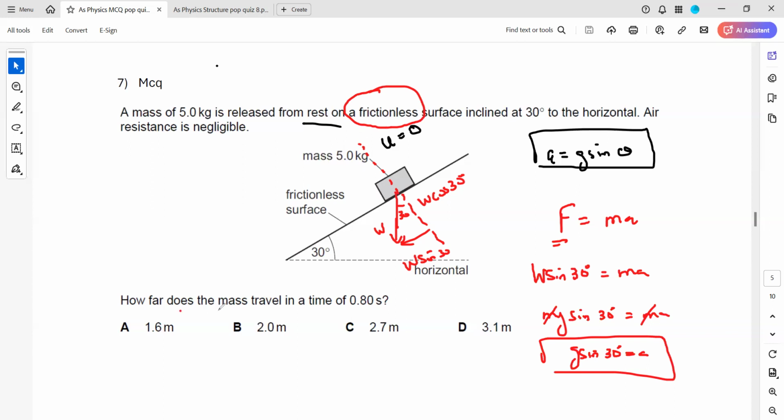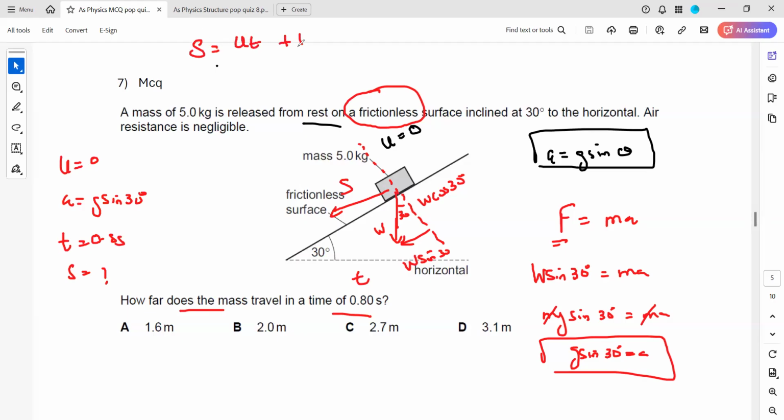How far does the mass travel at a time? So we have the time, we need the distance. Initially it was at rest. Acceleration is g sine theta, means g sine 30. And the time is 0.8. So we need the displacement. For the displacement, we can use the relevant equation of motion, which has u, a, t, and s. So I use s is equal to ut plus half at squared.